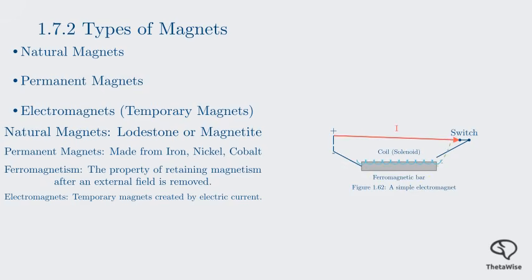When the battery is connected and the switch is closed, current flows, and the device becomes a magnet. When the switch is opened, it loses its magnetism. This temporary nature makes electromagnets incredibly useful for controlling magnetic forces, a principle that is the foundation of things like electric motors and relays.